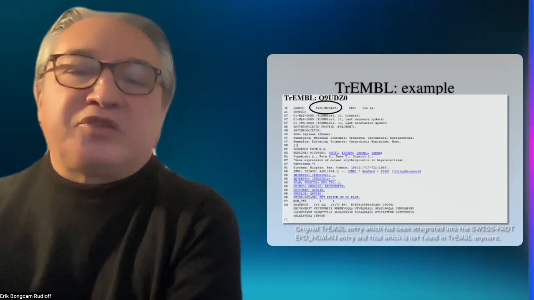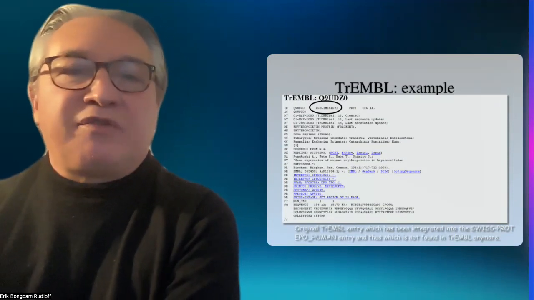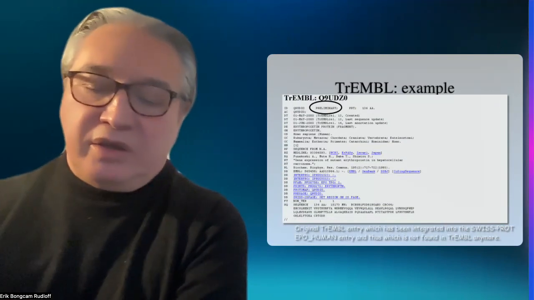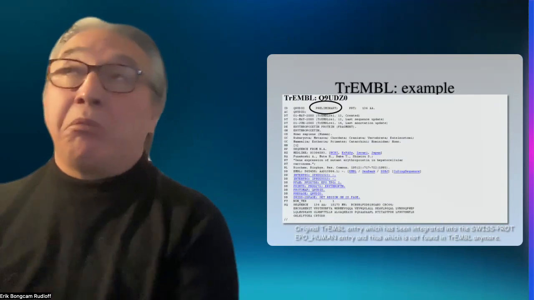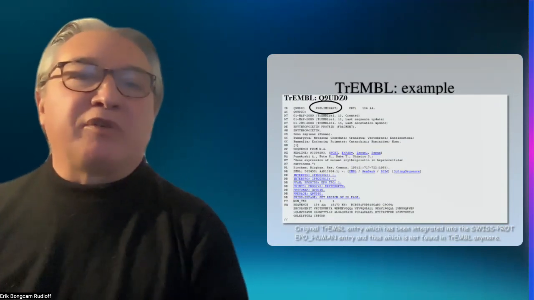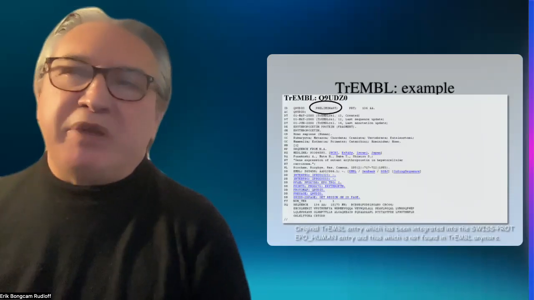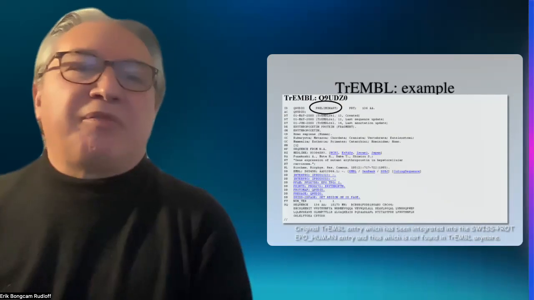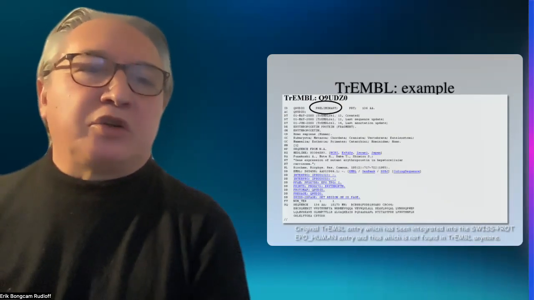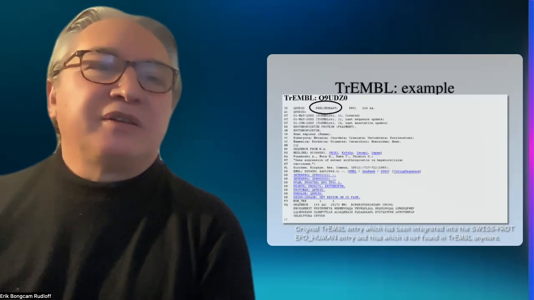Now, TrEMBL looks more or less the same as the format of the ENA database and SwissProt. Why? Because it's the same people involved. I can tell you that in the beginning of the 80s, middle of the 80s, a network of bioinformaticians was created in Europe. It was called the EMBnet.